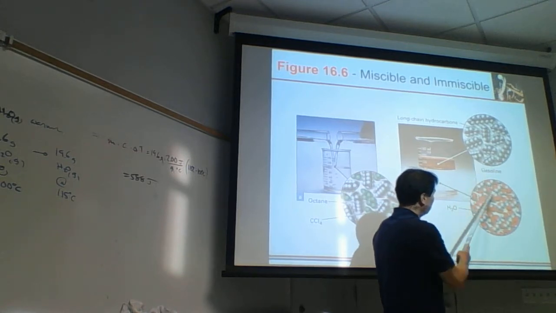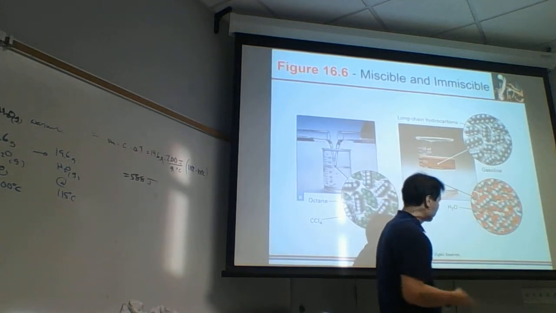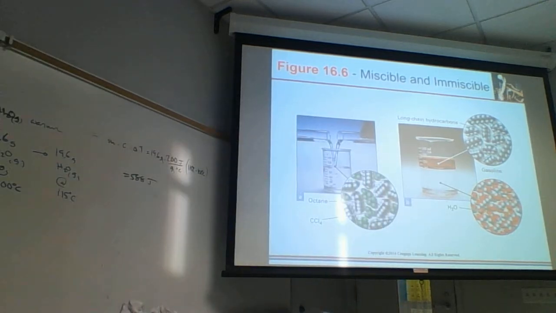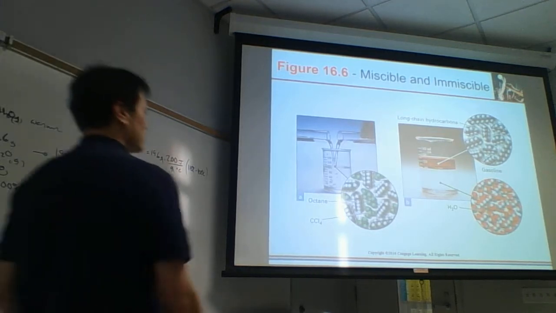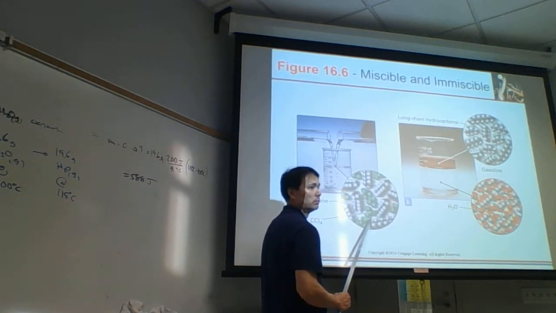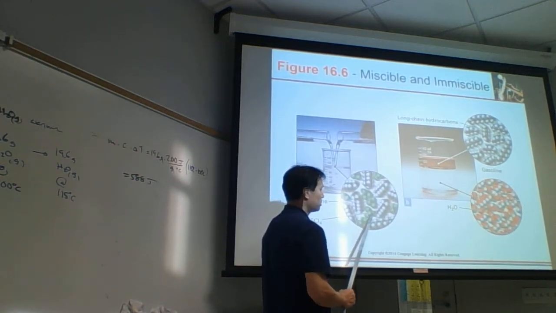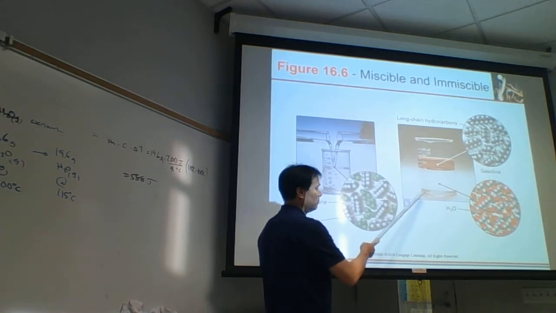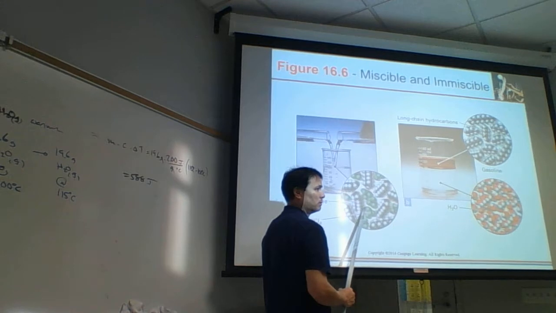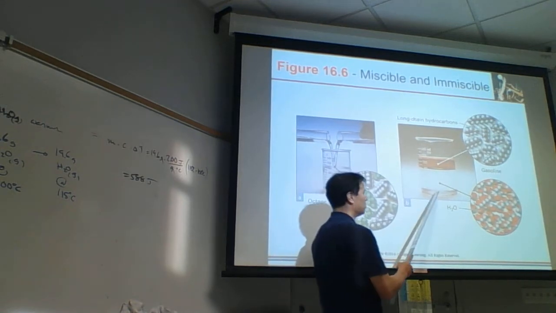There's energetics, but we aren't going to get into the energetics. What would happen if I tried to mix carbon tetrachloride with water? Would they be miscible or immiscible? Immiscible. The carbon tetrachloride would not dissolve in water.